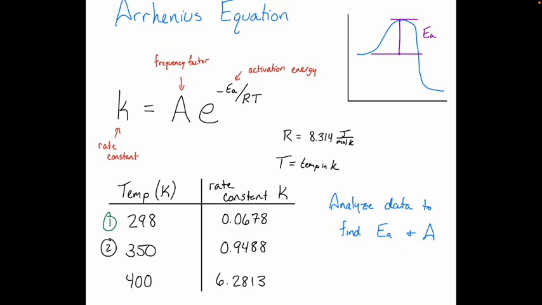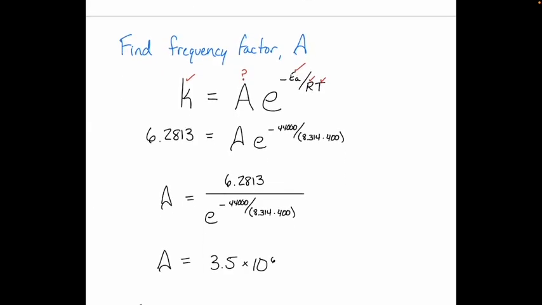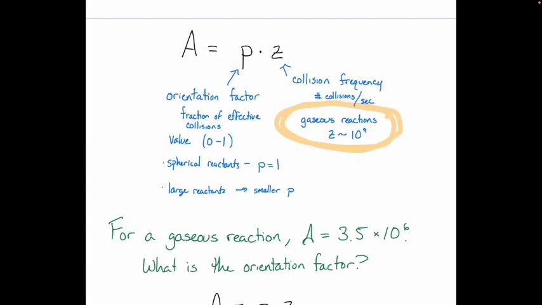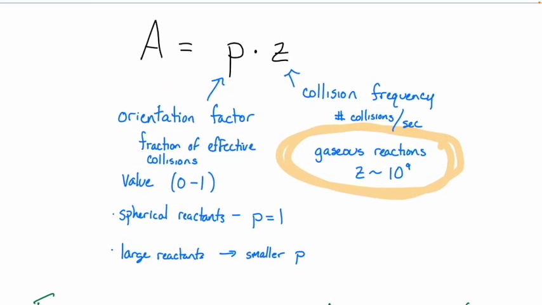We also have this frequency factor term in here, A. We can use the same set of data to find out what that is as well. And importantly, that frequency factor has two components to it. What we call the collision frequency, how many collisions happen per second, and then the orientation factor, what fraction of collisions are actually effective collisions, actually lead to product.